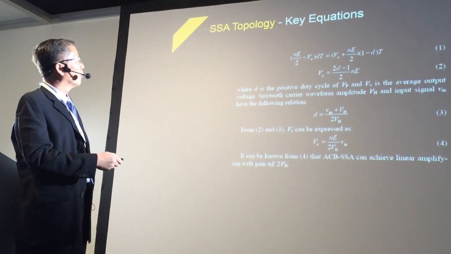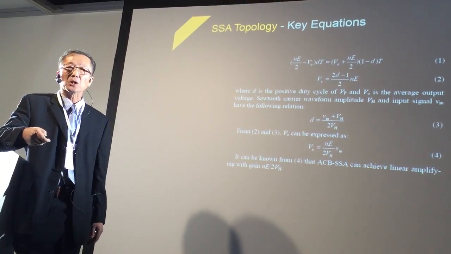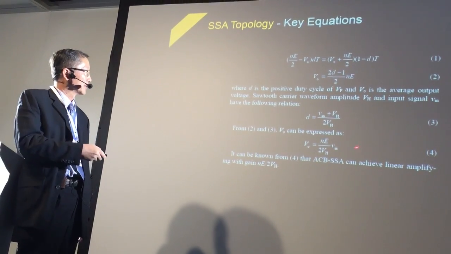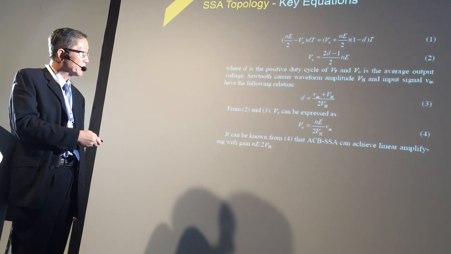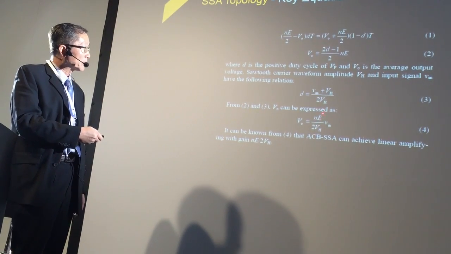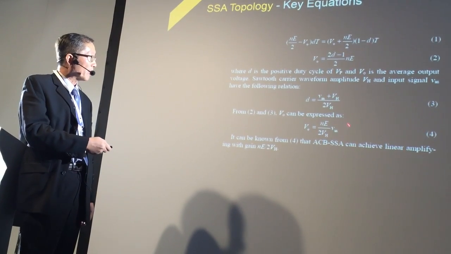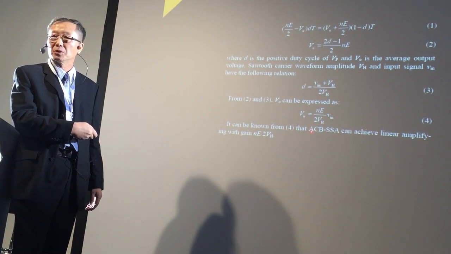Here are four very important equations dealing with the transfer function of the topology. We can see the output voltage, the input voltage, which can be the audio signal, and the DC voltage, which supplies the energy. You can see the very simple linear relationship between input and output.